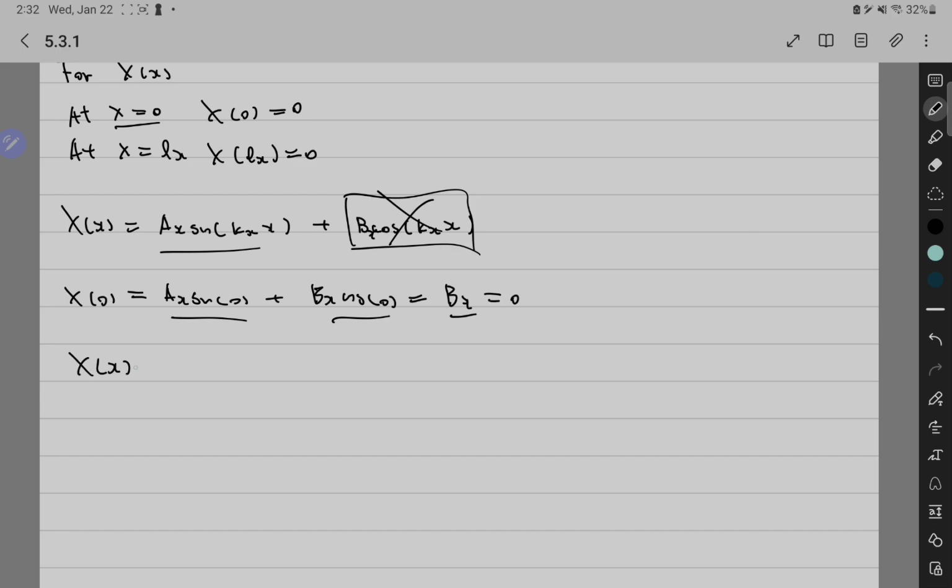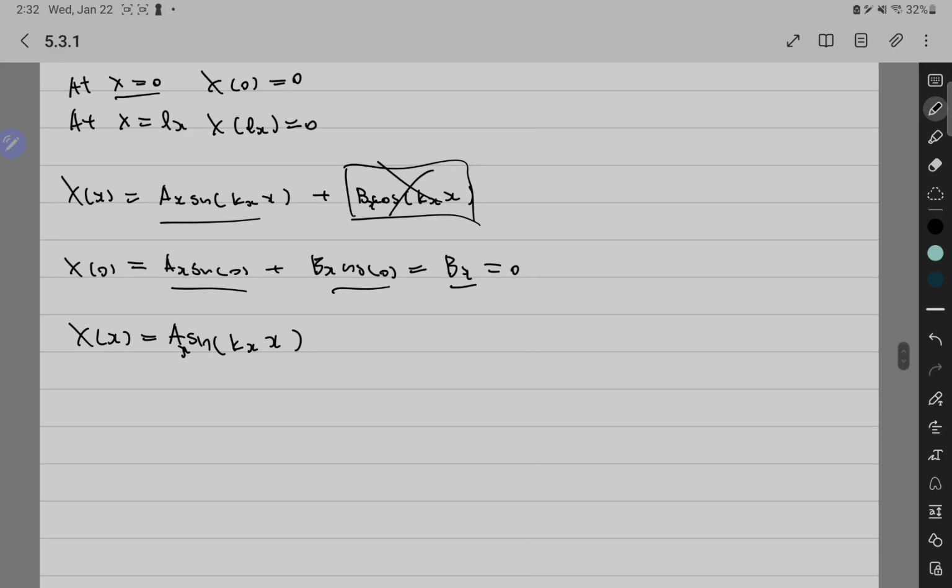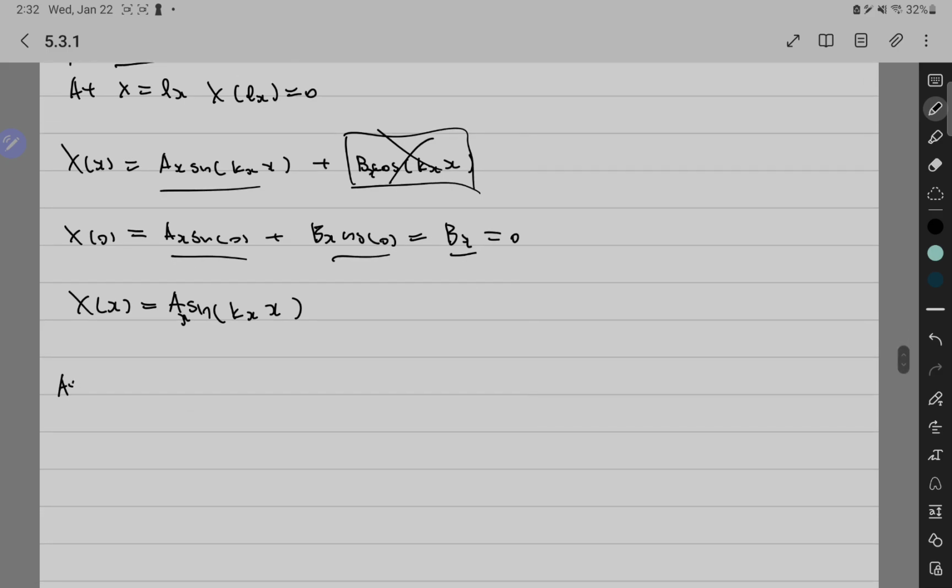This is what we're left with. And let's look at what happens at x equal to Lx.